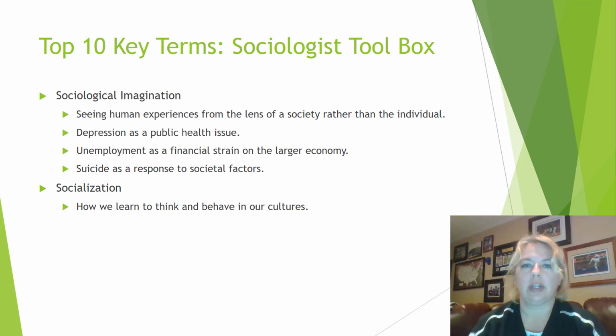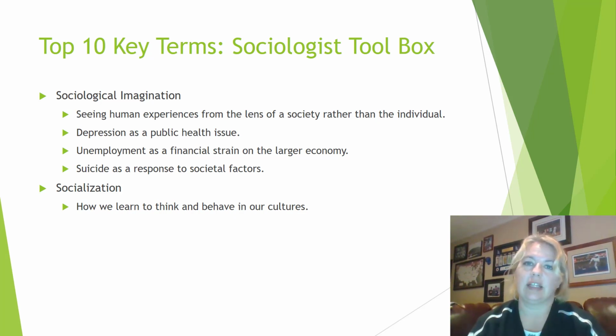So when we think of depression, rather than focusing on how an individual experiences depression and the neurotransmitters that are impacting their depressive state, for example, we see depression from a public health issue standpoint. Unemployment is not just the joblessness of one person, but it's the financial strain on a larger economy when unemployment is common or rampant or frequent among certain groups.